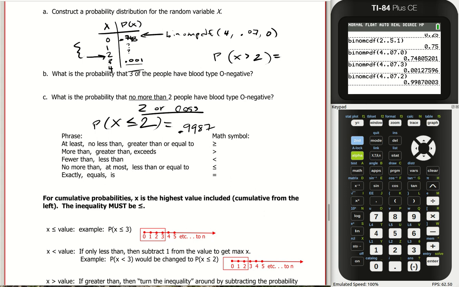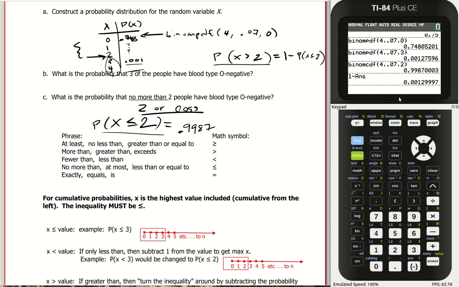More than 2 is the other possibilities, 3 and 4. And that makes up all the possibilities. So we know that this probability and this probability should add up to 1. Or else we can say this is 1 minus the probability that x is less than or equal to 2. And then we already found that one, so we can just come over here and go 1 minus this probability. That'd be the probability to find more than 2 people with that blood type.